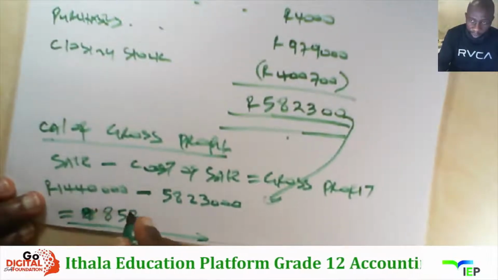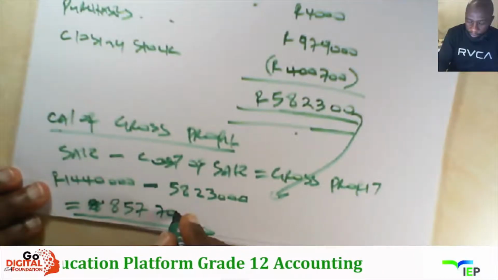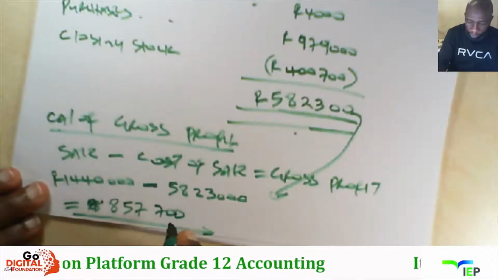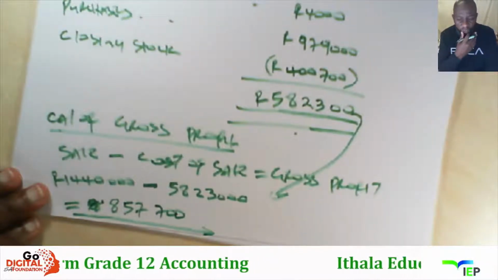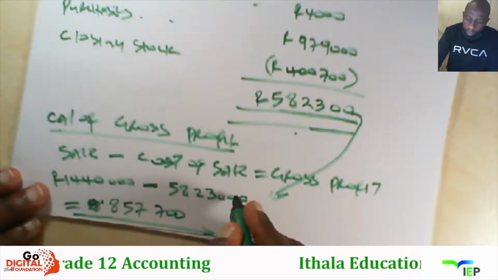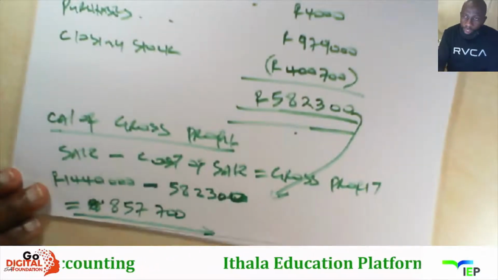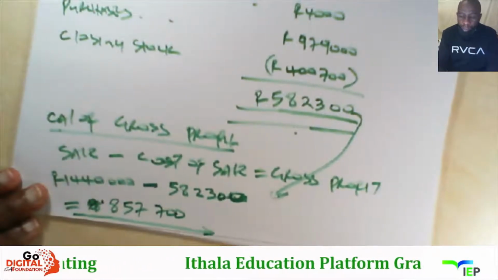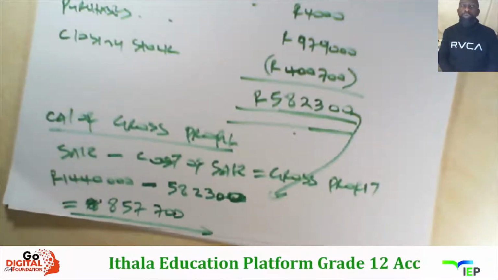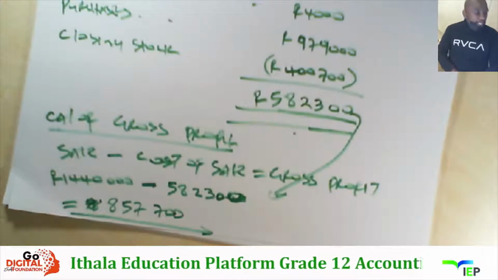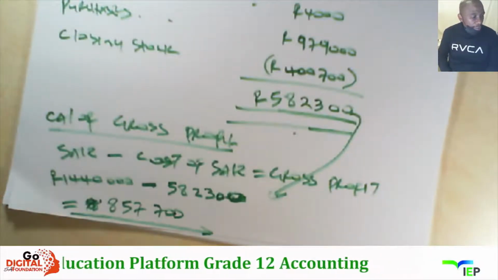Sorry, it's 857,700, not 7,000. Yeah, if you minus that too, it's not 8,000 there. That's how you get that figure. So we are done with the calculation of a gross profit by using FIFO.